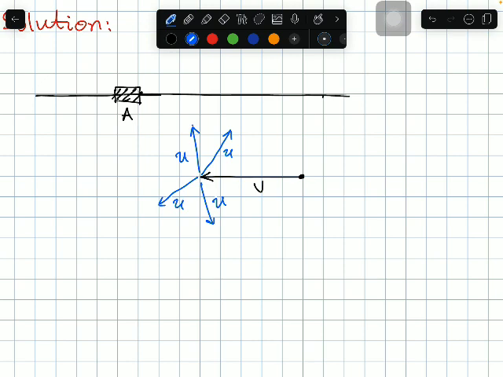So eventually, if we draw all the possible directions, you would end up making this kind of a circle. So this vector u, the speed of the man, can be in any direction within this circle with a radius of u.